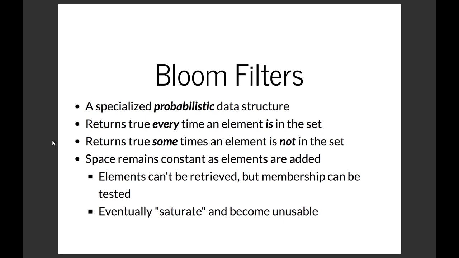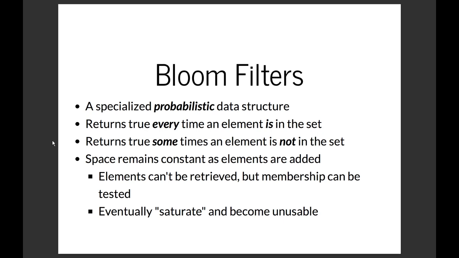So what a Bloom filter will do is it will return true every single time that an element that you're asking it about is in the set, and every now and then it will also return true sometimes that an element is not in the set. And that has to do with the way the data structure is built. And there are ways to tune those rates as well. It's not a fixed thing.